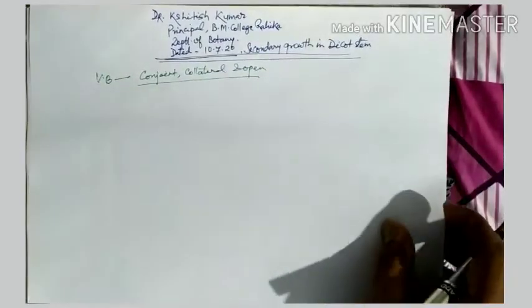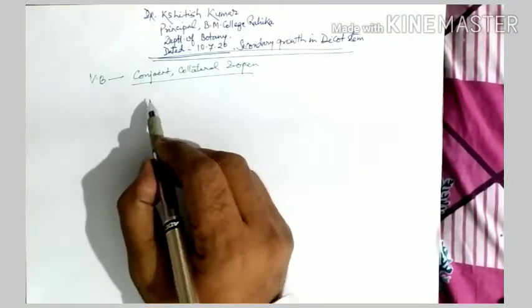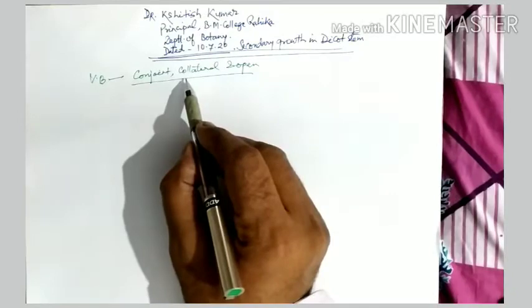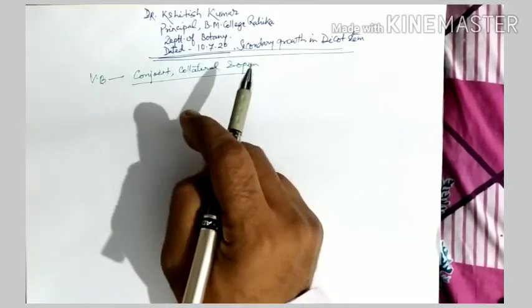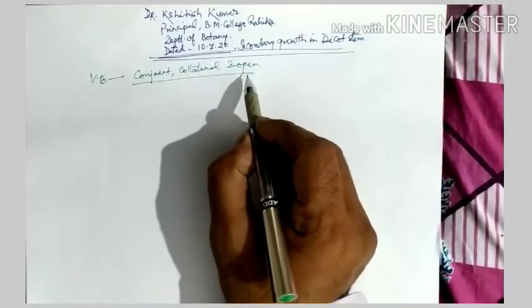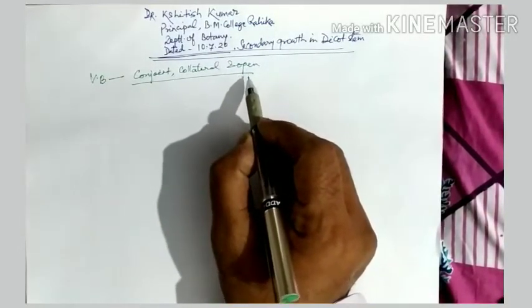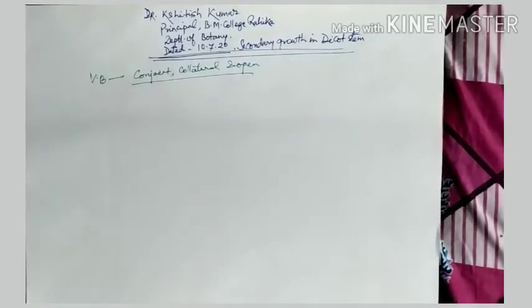Conjoint means xylem and phloem together form a vascular bundle. Collateral means xylem is inside and the phloem is outside, and open means a strip of cambium is found in between them.